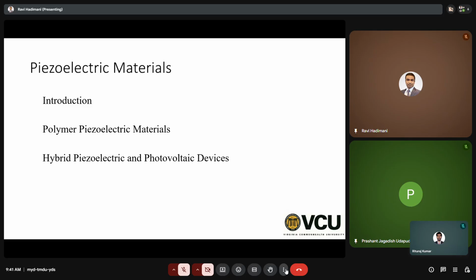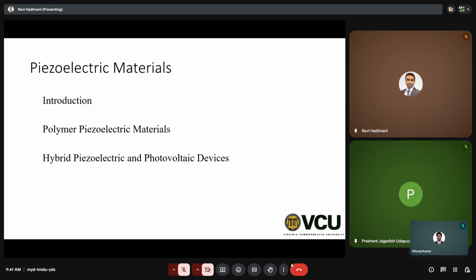Okay, so how many of you have heard of piezoelectric materials before? Yeah, and we already talked about the most commonly used piezoelectric material, which is quartz, right? Quartz is a piezoelectric material, and if you apply a voltage on it, it changes its dimension, or you press it, it produces a voltage.